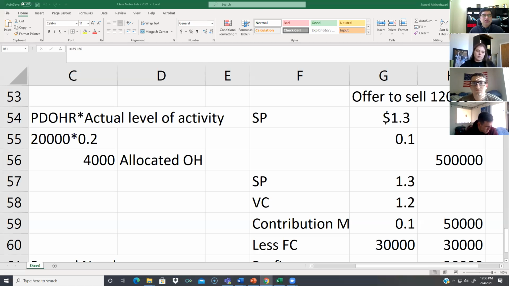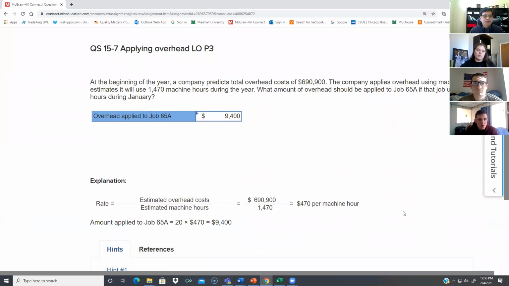Let me give you another example. Can you see the screen which says applying overhead? Yes, sir. So over here, this is another example.